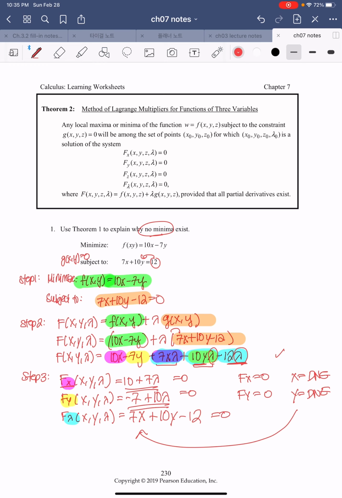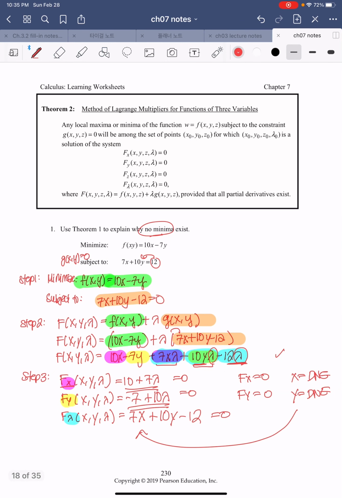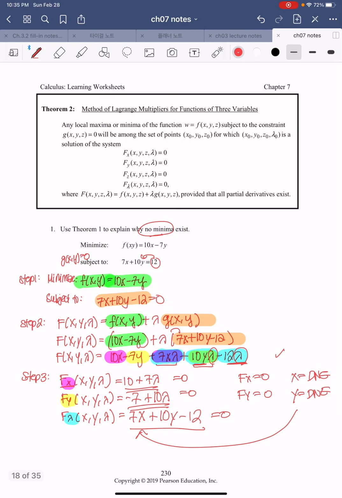Therefore, there's no critical value. I cannot find the critical value because the x variable is gone, and the y variable is gone. There are three equations, so I need to have three unknowns, but I don't have them. Therefore, we cannot get a nice ordered pair. So this is the reason why no minimum exists, because I cannot solve for x, y, and lambda.